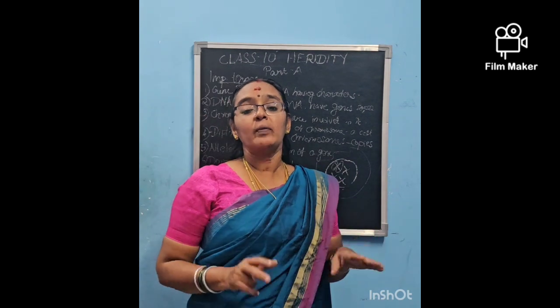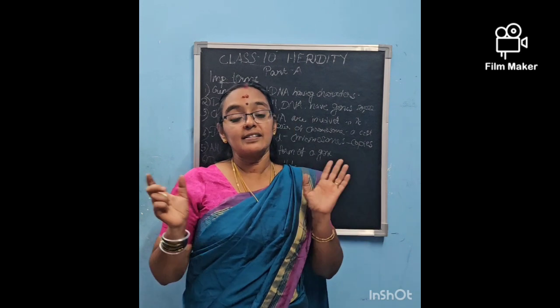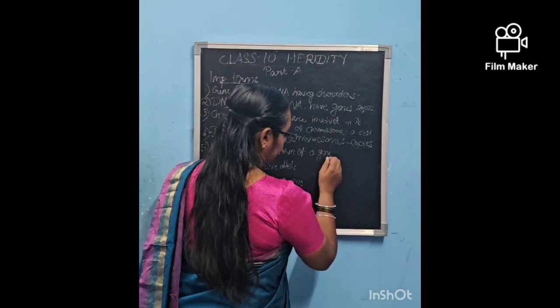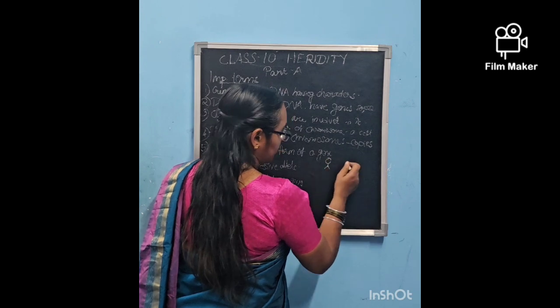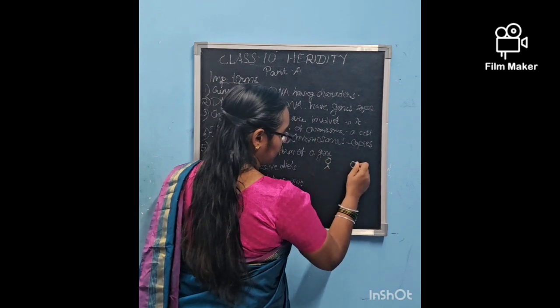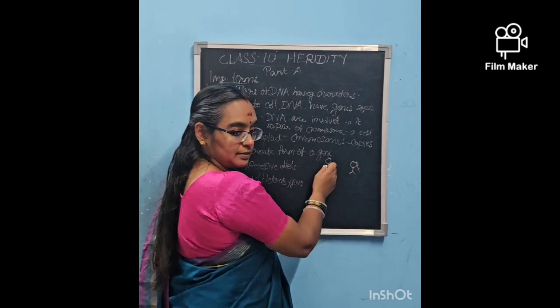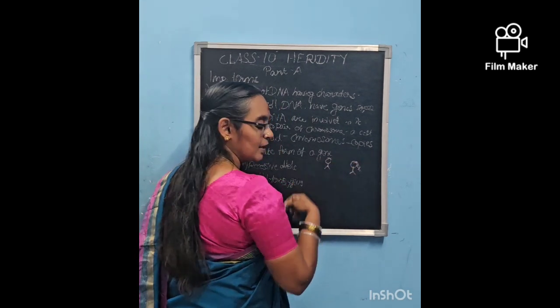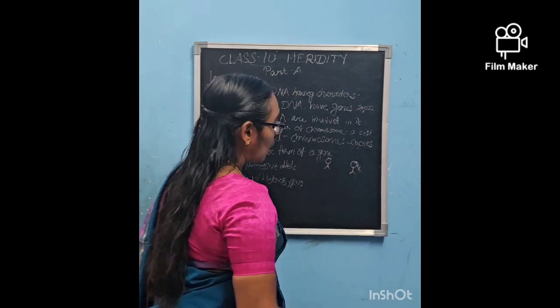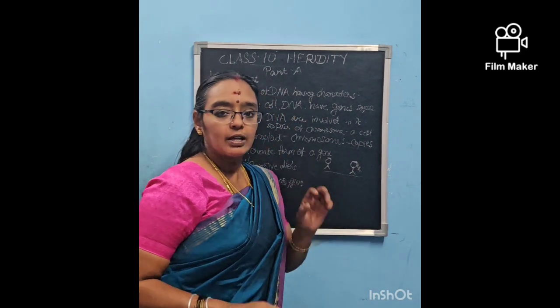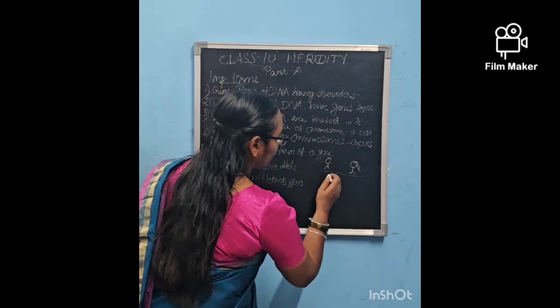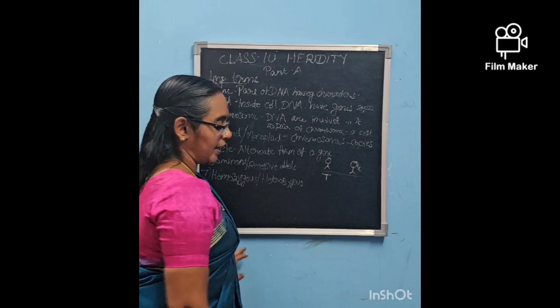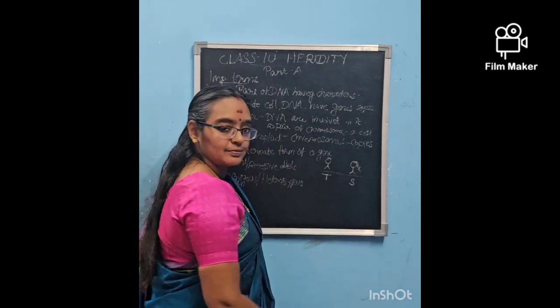Now we are talking about the allele. What is this allele? Now I am considering, okay, this is father and this is mother. Here I have drawn. From father I am noting some specialties. Father is tall, mother is short.